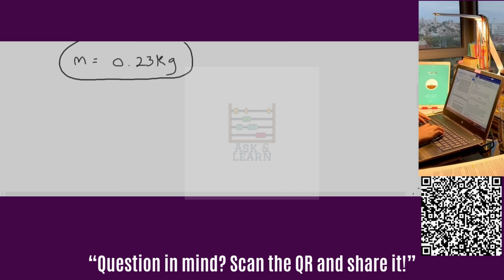The first thing we want to find is what the change in gravitational potential energy is in 0.2 seconds. So let's look at the change in U, gravitational, in 0.2 seconds.